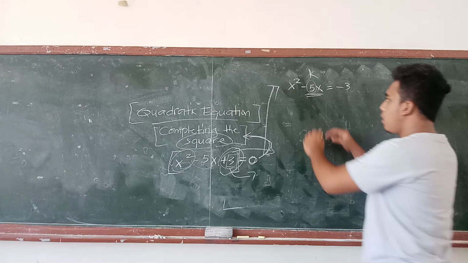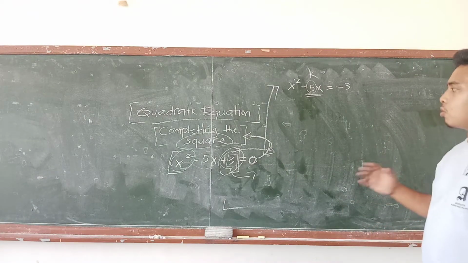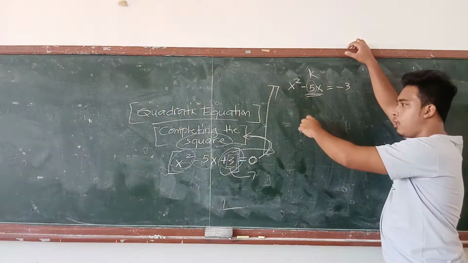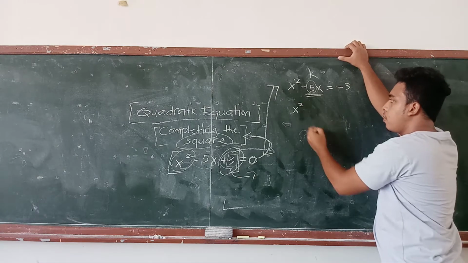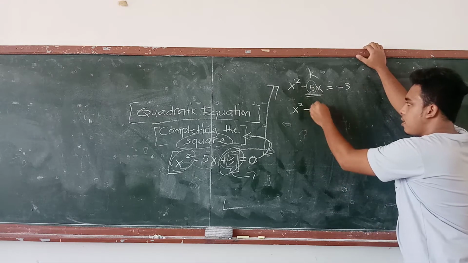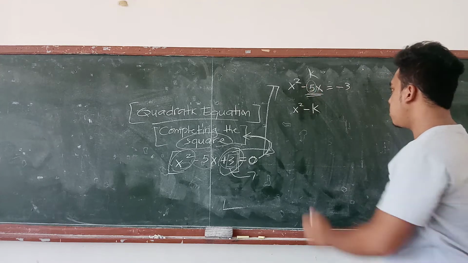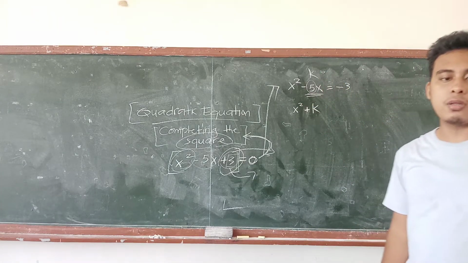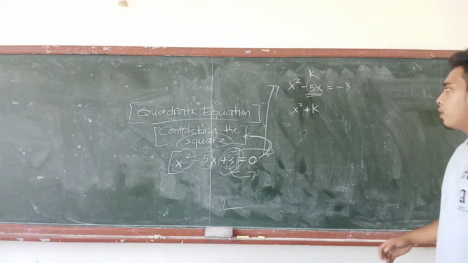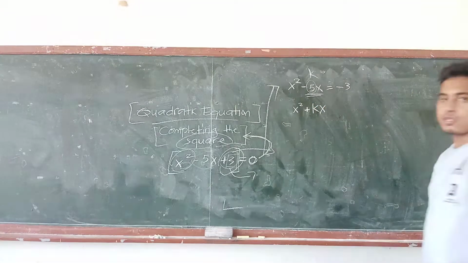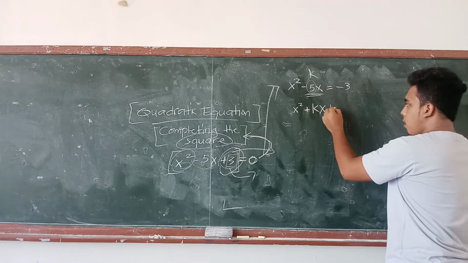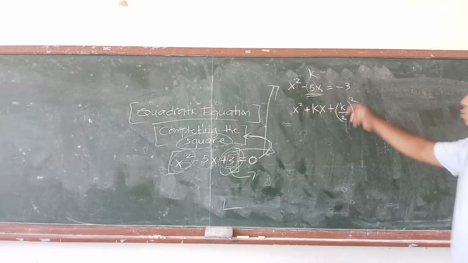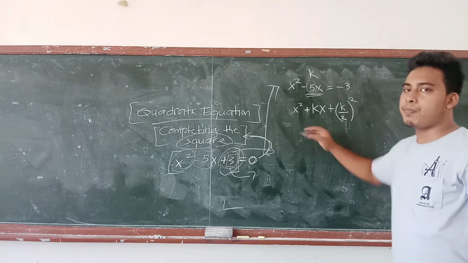In order to make this equation a complete square, we will have this mathematical formulation: x squared plus k times the variable x plus k over 2 squared, to make this equation a perfect square.